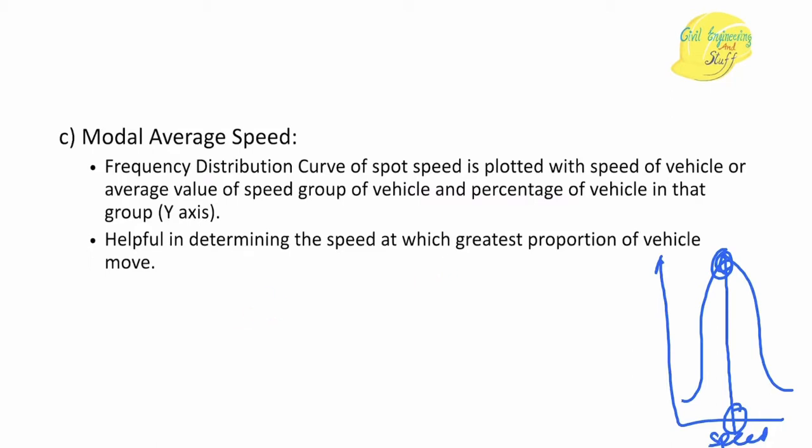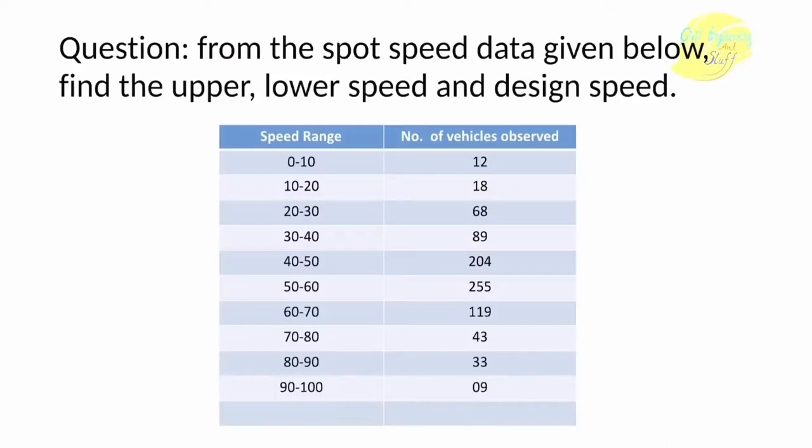All right, so let us discuss the cumulative frequency method and the modal average speed method through an example. We have the data through a speed study, and we use the same data to study the cumulative method and the modal average speed method. So the data will be the same.